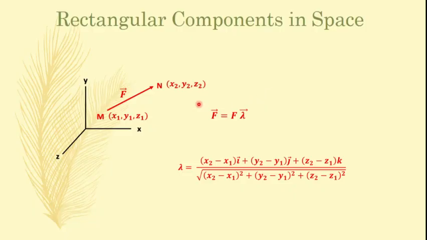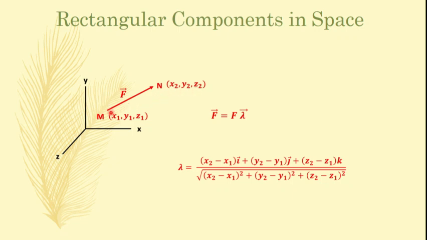Now, if we consider a force which acts from point M to point N, and the coordinates of M and N are given here with respect to this Cartesian xyz coordinate system, where the coordinate of M is x1, y1, z1 and the coordinate of N is x2, y2 and z2.